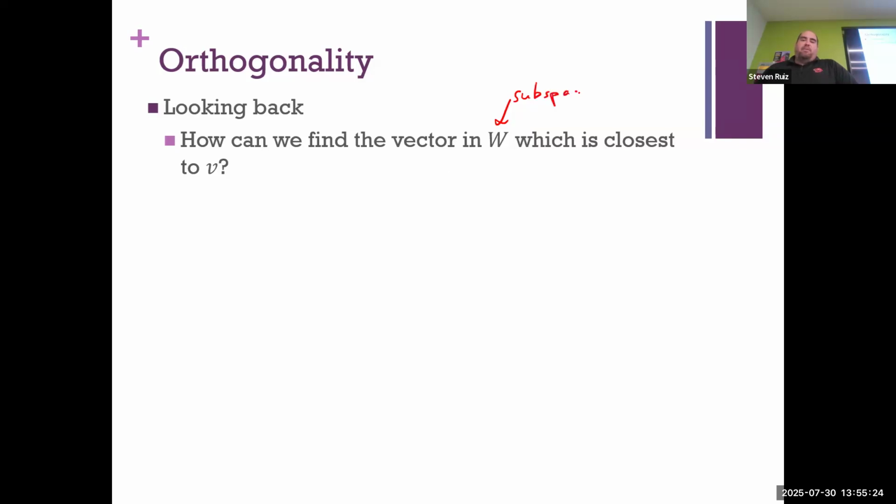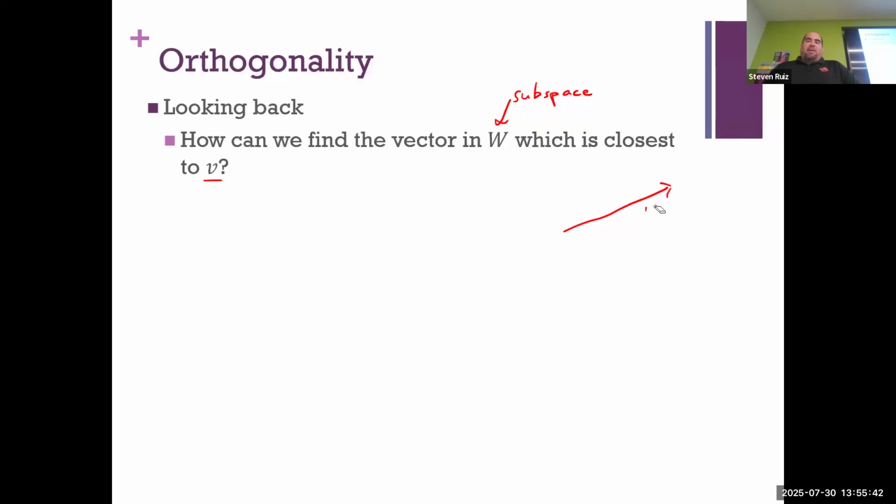So if W is some subspace, and V is some arbitrary vector that probably doesn't belong to this span, how have we been finding these things?